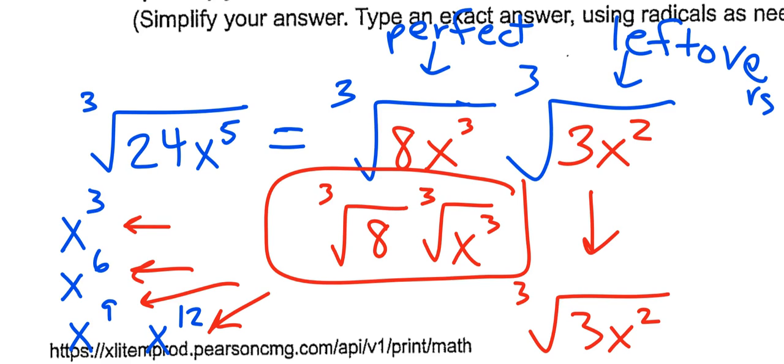So what's the cube root of 8? If you don't know it off the top of your head, then you can use that calculator, or you can have me over here. Yep. Okay. Now don't put another radical over it. If you've already taken the cube root of the perfect part, you don't need another radical.